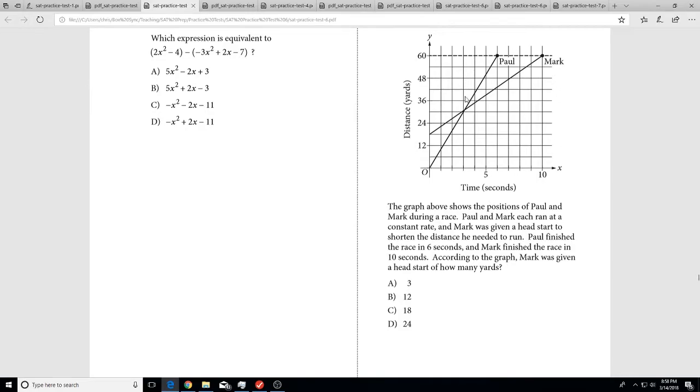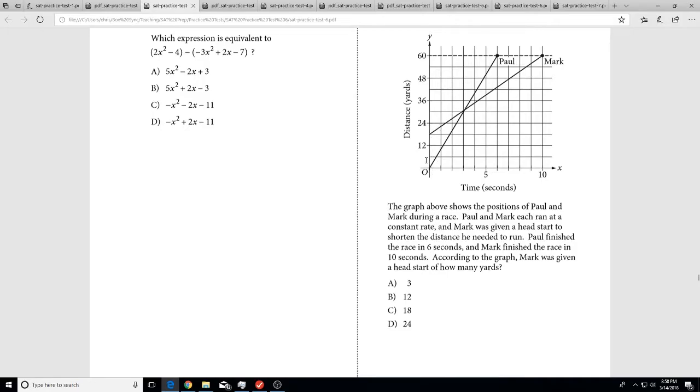So they give you a graph and they give you a story. And I always say, look at the last sentence. According to the graph, Mark was given a head start of how many yards? That is what we're trying to figure out. So now we can look at everything else. Well, if this is time and this is distance, if someone's given a head start, that means that when time is 0, this person started at a different spot.